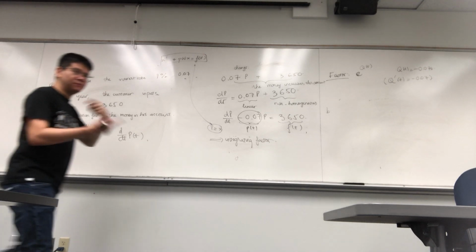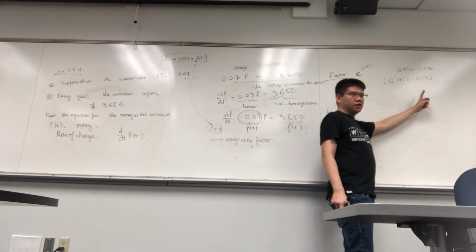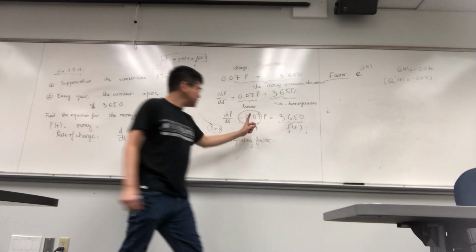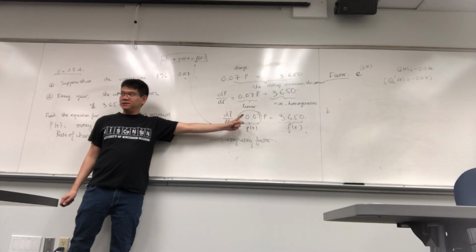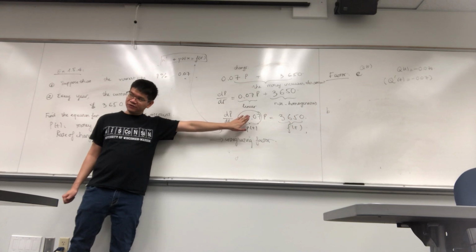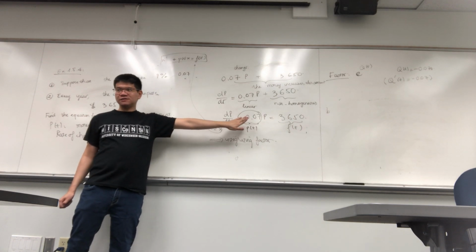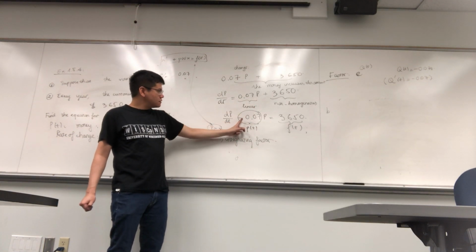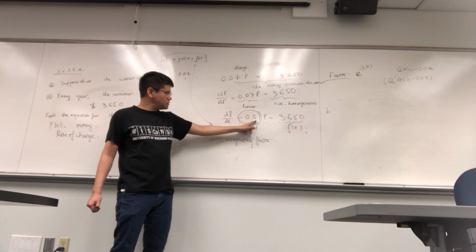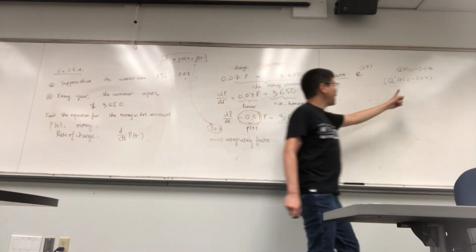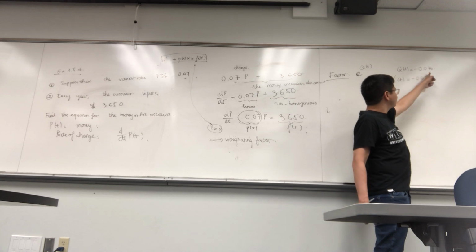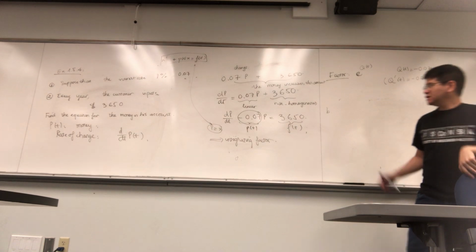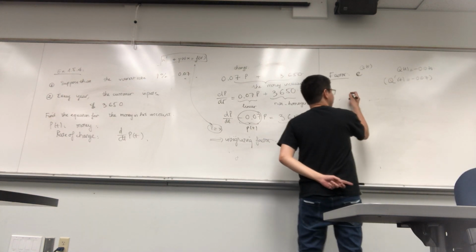The integrating factor will be a function e to the Q(t), in which Q is the antiderivative of the coefficient in front of P. So you look at this coefficient, you take the antiderivative, and this is the capital Q. In this case, the coefficient p(t) is minus 0.07, so Q has to be minus 0.07t. Is it clear? Questions?